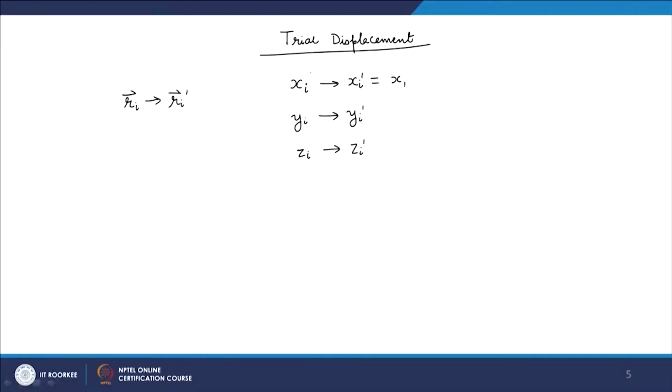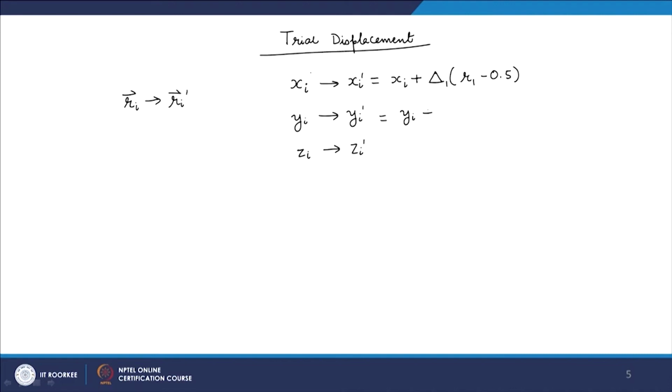Okay. So, to do that, we start from the old position, set some maximum displacement, and generate 3 random numbers between 0 and 1, and I will tell you why.